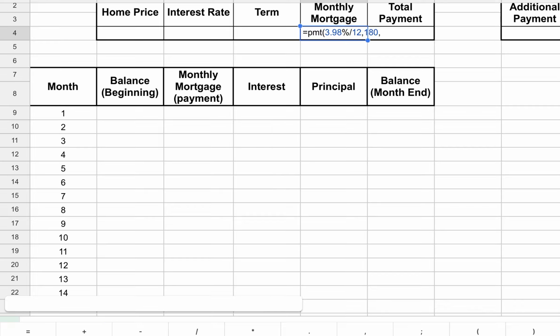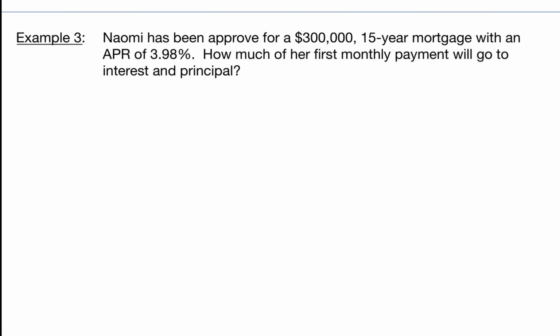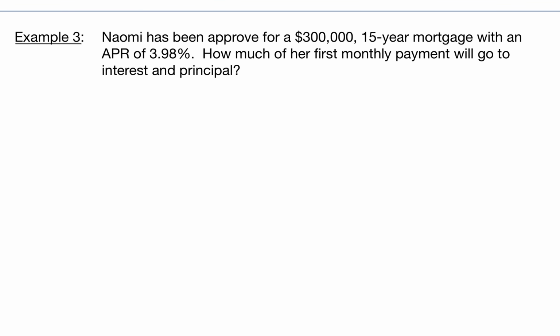And she is borrowing $300,000, so we're going to put in a negative 300,000, and that payment comes out to $2,216.06. Okay, so the monthly payment is $2,216.06.